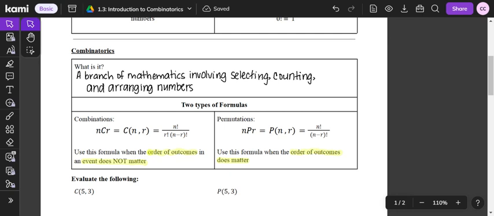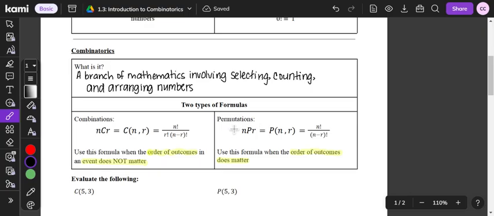There are two formulas that we're going to be working with. One is the combination formula, and the other, over here in the bottom right, is the permutation formula. There are two ways to write them. We could either write nCr, or we could write C in parentheses with n comma r.